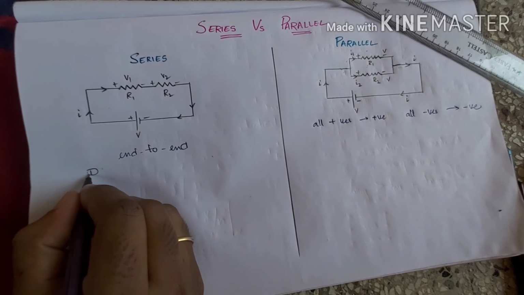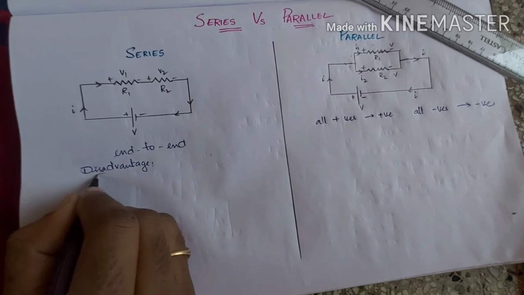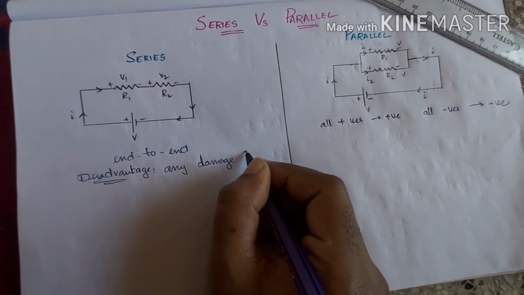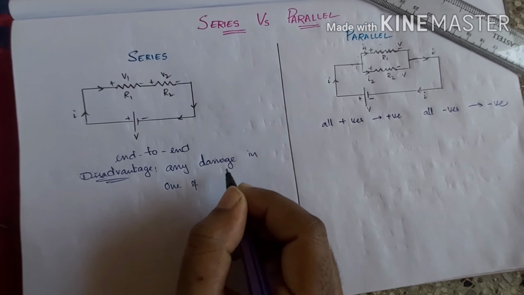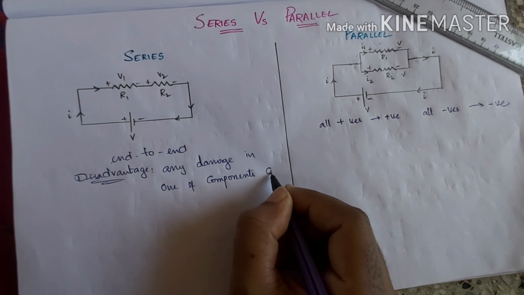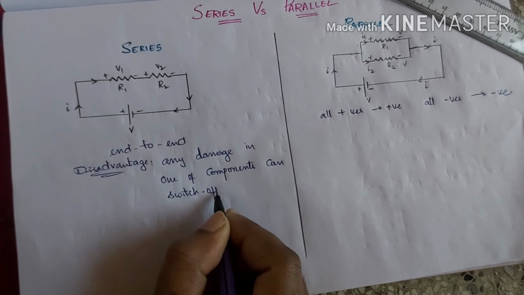So here I am writing the disadvantage: any damage in one of the resistors, one of the components, can switch off the circuit.